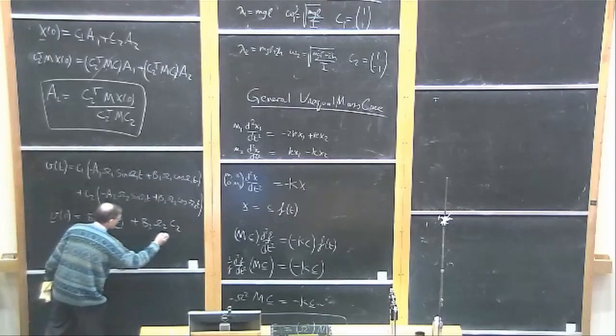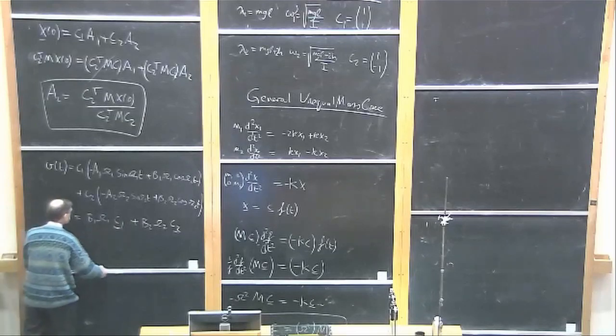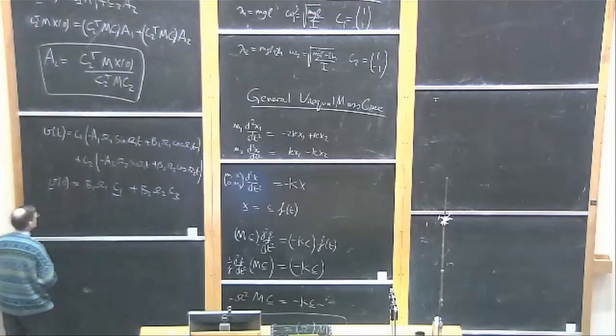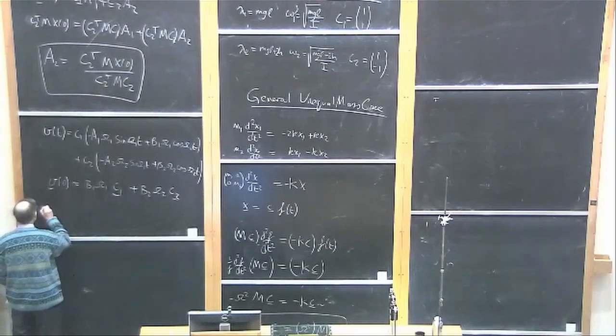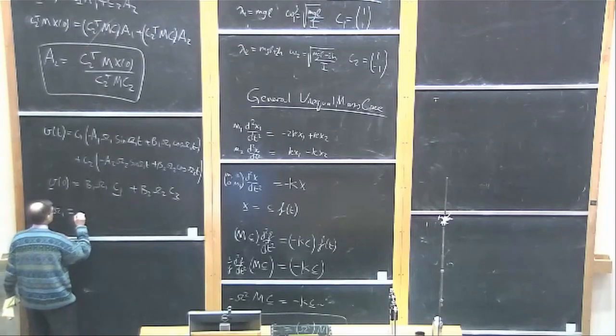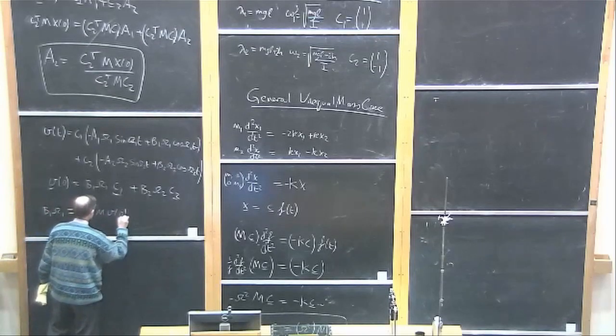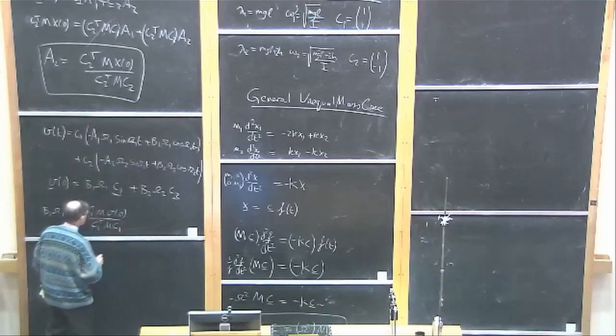And those are the vectors. So that solves in a very similar way. We get B1 omega 1 will be C1 transpose M V of naught over C1 transpose M C1.